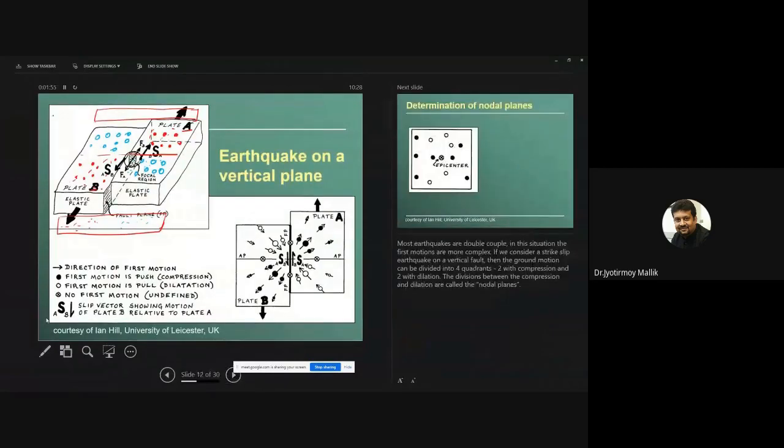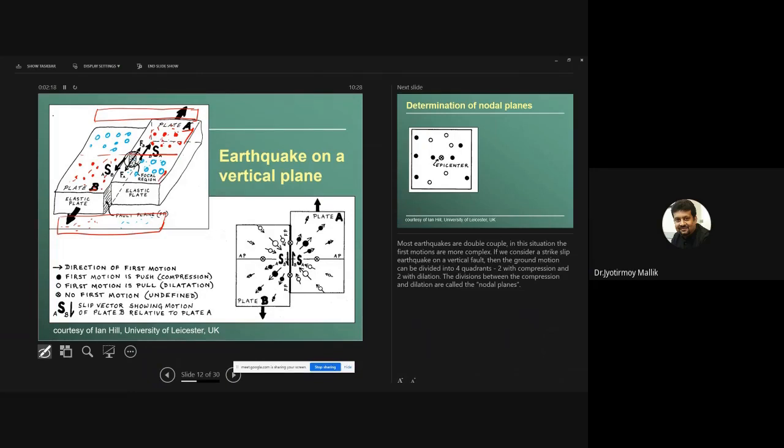See in this picture. Here, because this is getting collided with, it's being pushed against the wall rock, and here it is going away from the wall rock.